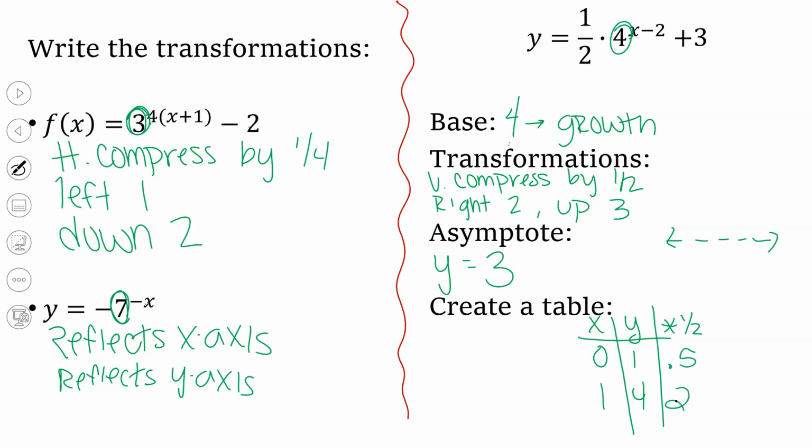If I move right 2, that's on the x. I'm going to add 2. So 0 plus 2 is 2. And 1 plus 2 is 3. And if I go up 3, that's on my y side. So I have 3.5 and 5.